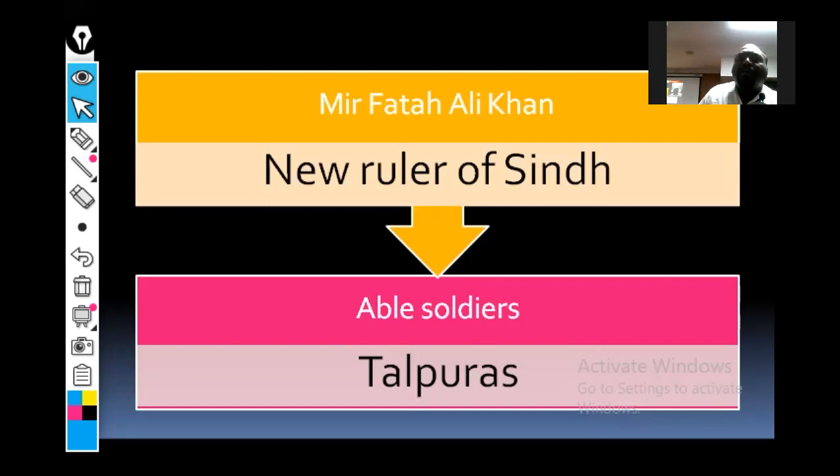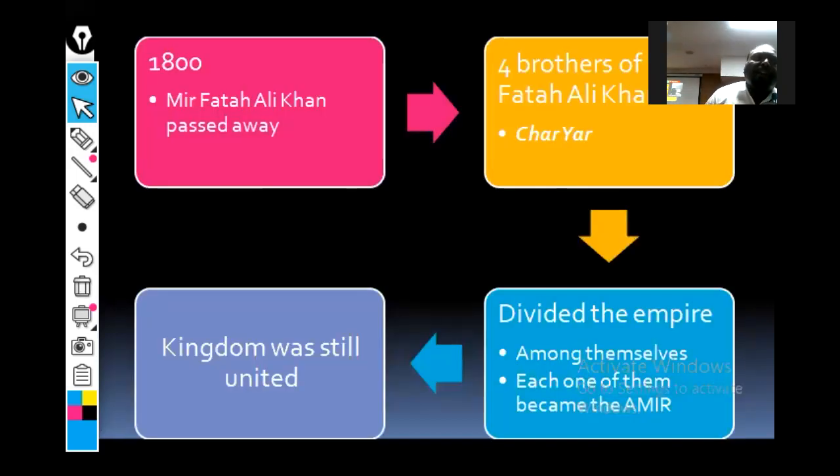He was a very successful leader of the Talpura Baluchi tribe. He gained control over the entire Baluchistan and Sindh provinces. They ruled for a considerable period of two to three decades. In 1800, Mir Fateh Ali Khan dies.